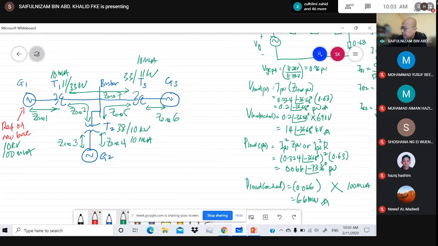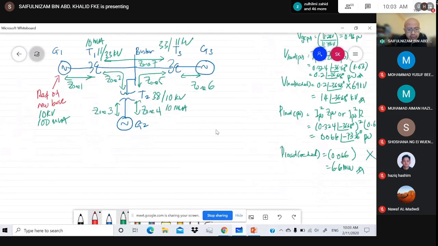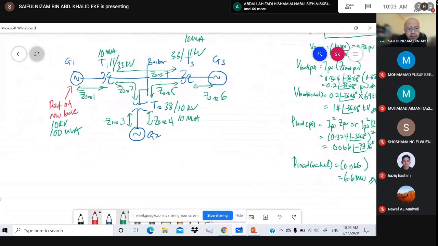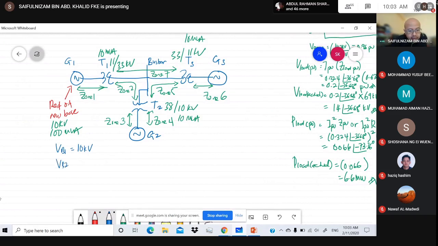So you have to find the base voltage for each zone or for each section. So let's say VB1 at zone 1. What is the VB1? It's given, right? It's 10 kV. And then VB2 equal to what?